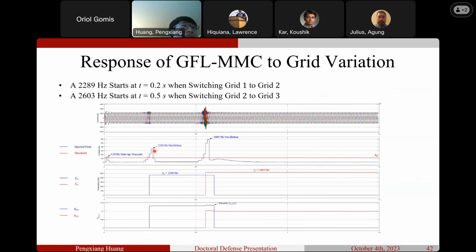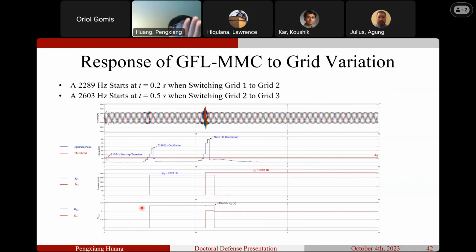At the beginning you see the first oscillation because you connected to a grid, from grid 1 to grid 2. So you have a first oscillation. At t equals 0.5 seconds, you change your grid to grid 3, and you have a new oscillation at another frequency. But after you detect this oscillation frequency, you first apply the double-tuned damper instead of single tune.